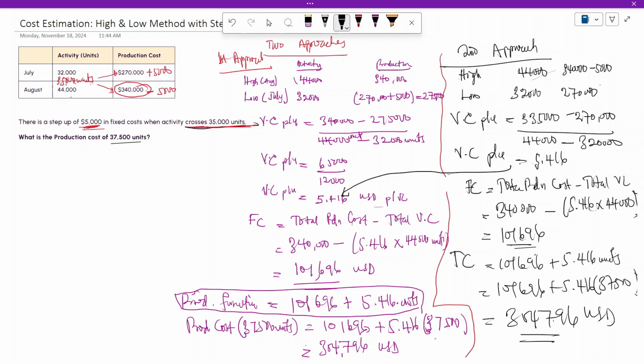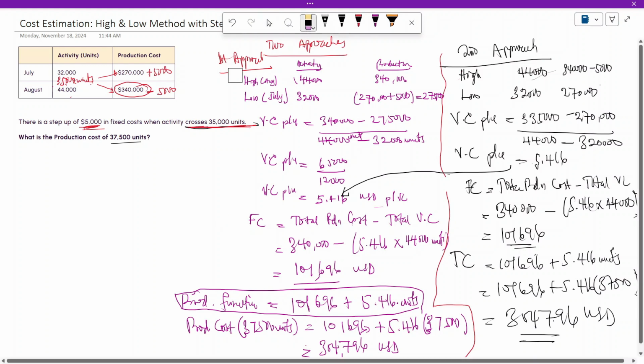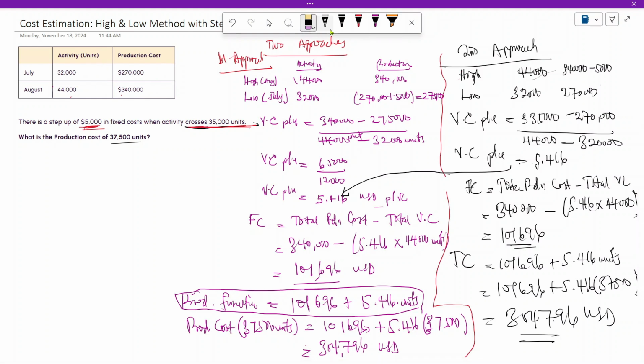Now, I hope you get the understanding. If you don't, let me go back and explain the analysis that we did over here once again. The question is saying that at 32,000 units, the associated production cost is 270,000.